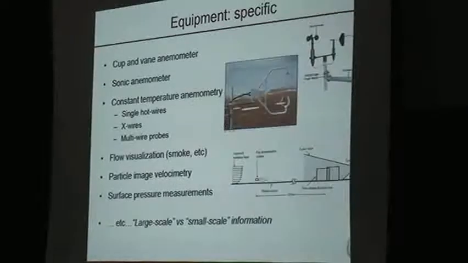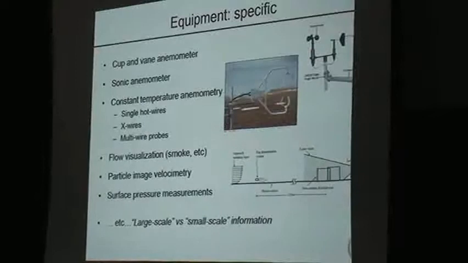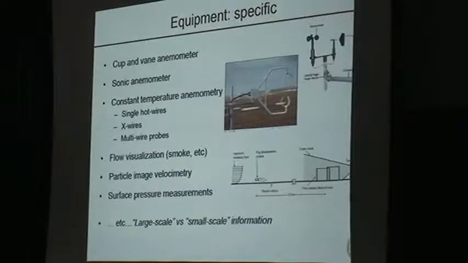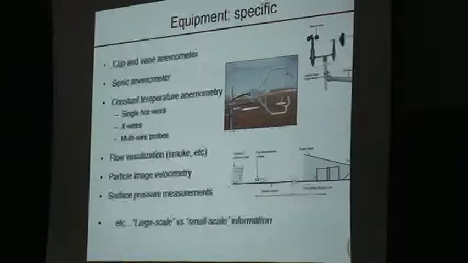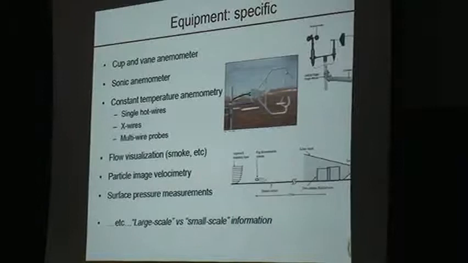So that's general. Now specific: these are the techniques I'll talk about briefly, ones that have been used in the surface layer in the past 10 years, let's say, to answer some questions related to high Reynolds number boundary layers. The first one, most people will have seen in high school, you see it on buildings: cup and vane anemometry. Here's the cup.